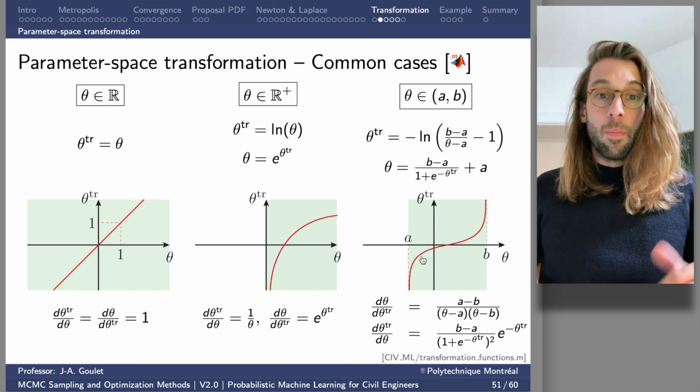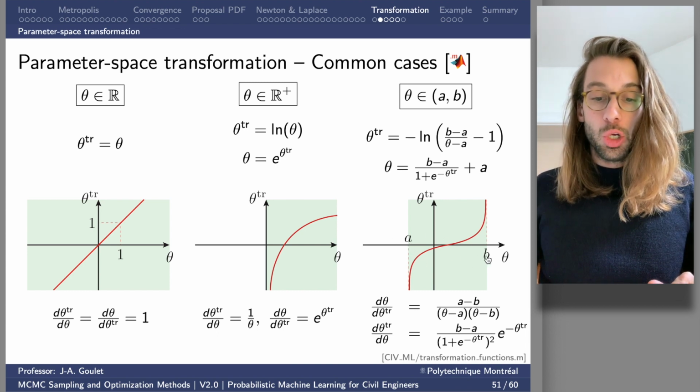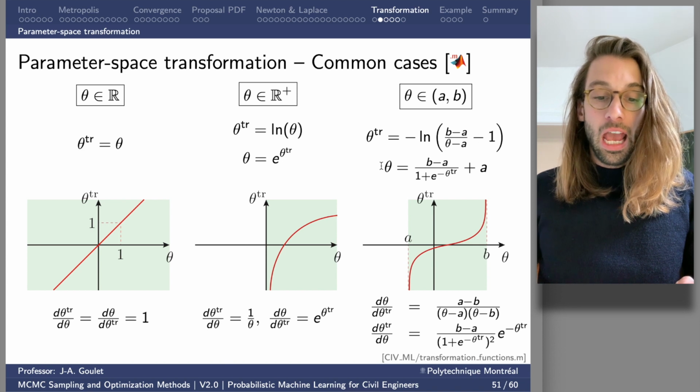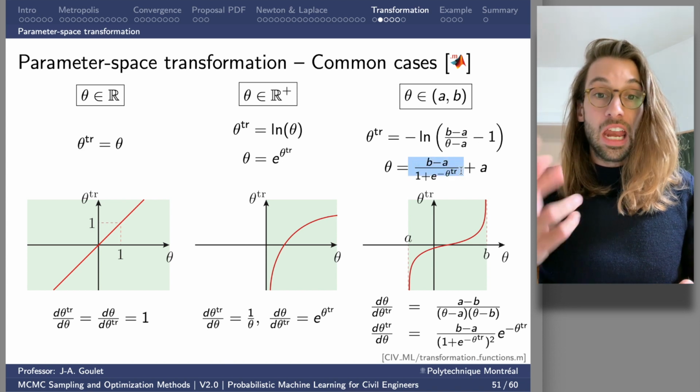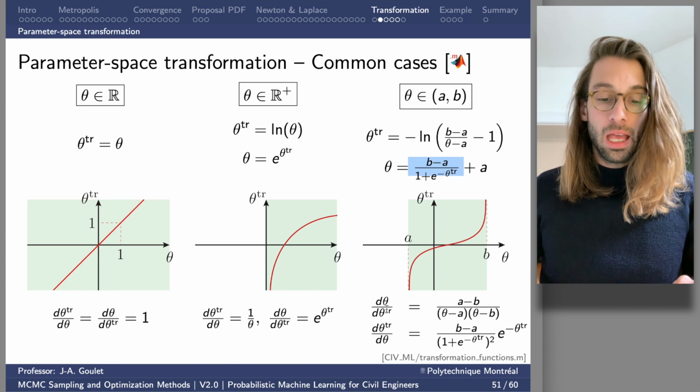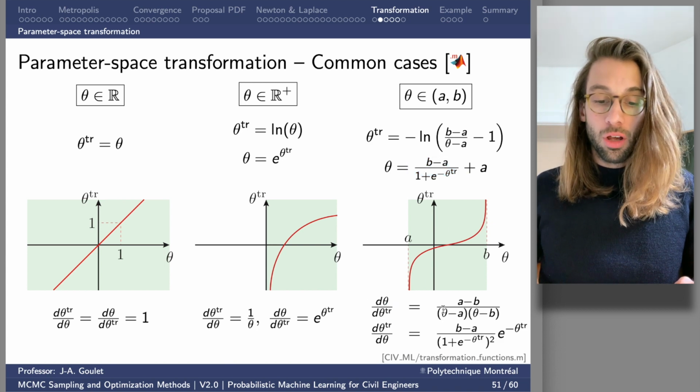Now, what if we have a bounded range, say from a to b? Then my transformation function can be given by minus the log of (b minus a) divided by (theta minus a), minus 1. And we have the formulation as well for the inverse transformation. We have also the formulation here for the derivative of theta given theta transform, or the inverse.